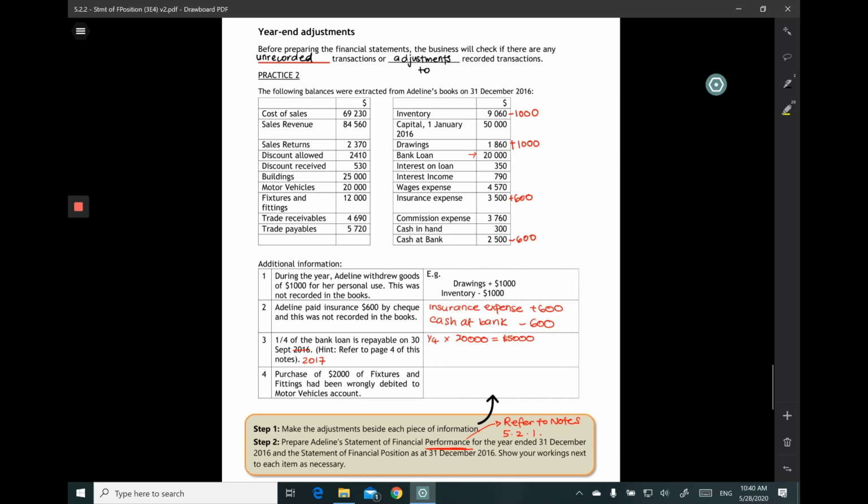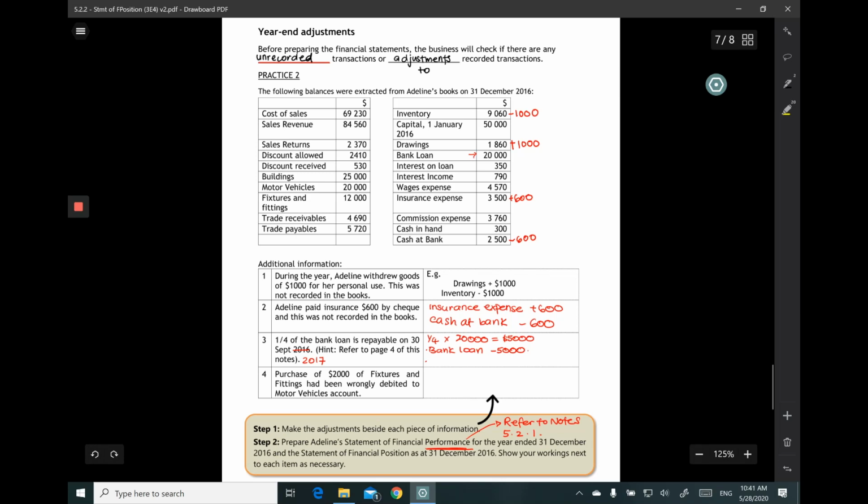First, because a quarter of the loan has to be repaid within 1 year, you must first minus off your bank loan amount by $5,000. Because this is no longer a long-term liability, long-term borrowing anymore. It's no longer a non-current liability. So we need to minus it out from the bank loan.